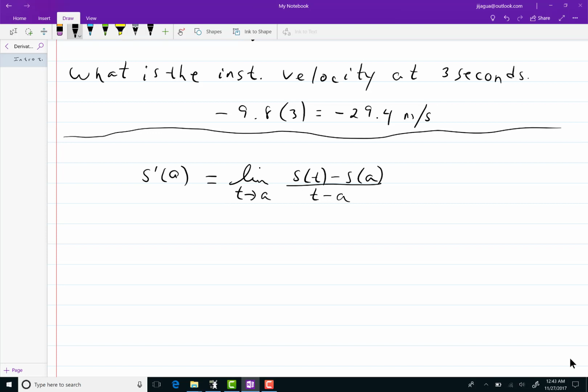This is the derivative, and the notation is usually said s prime of a.